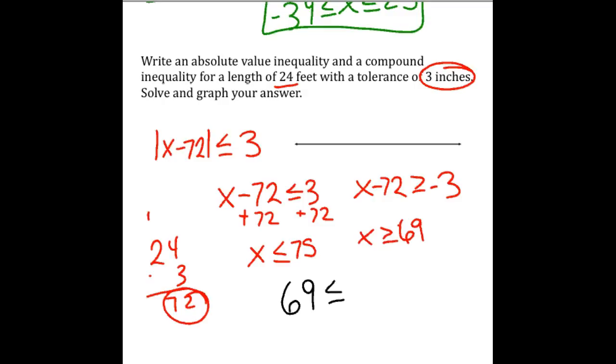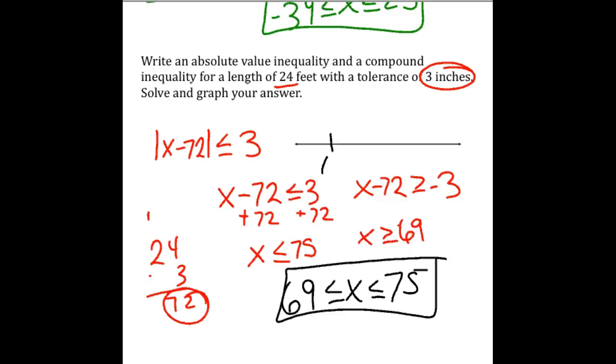So this is actually an and compound inequality, so you can write it as one compound inequality just like that. And so if your object is in between these two measurements, then it is acceptable and it can still be used for whatever purpose they have in mind. So you're going to put closed dots and shade in between.